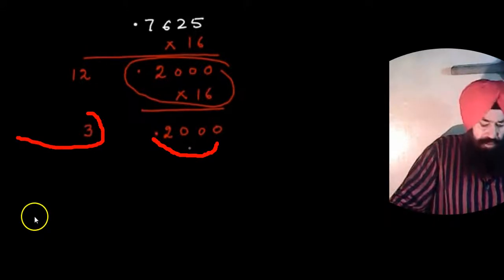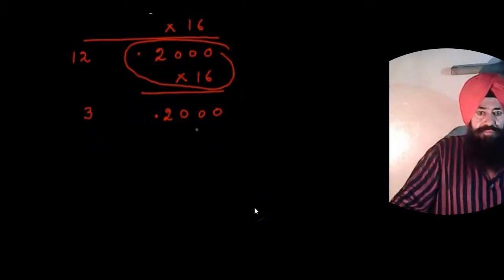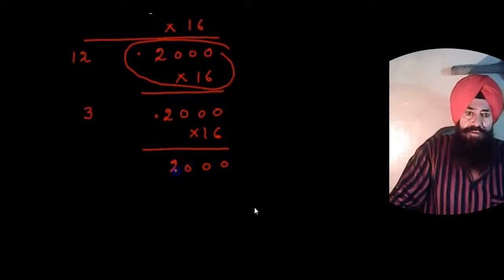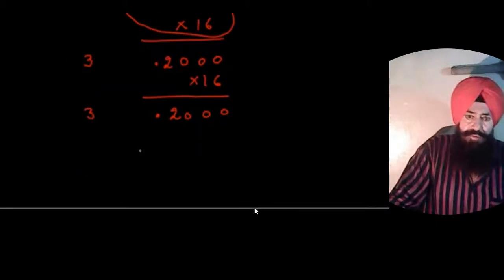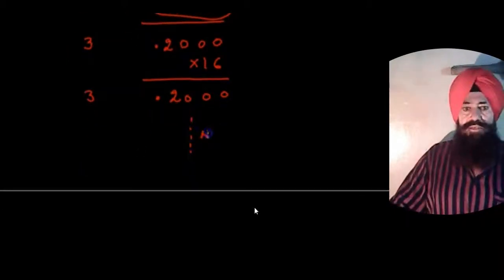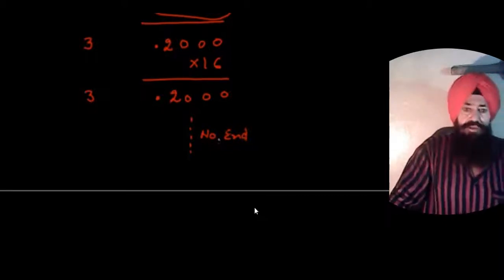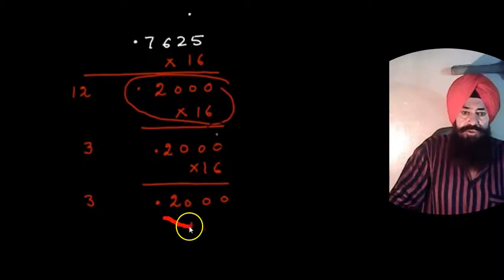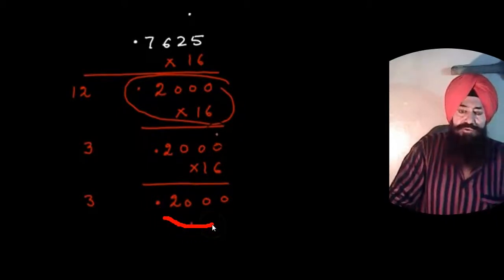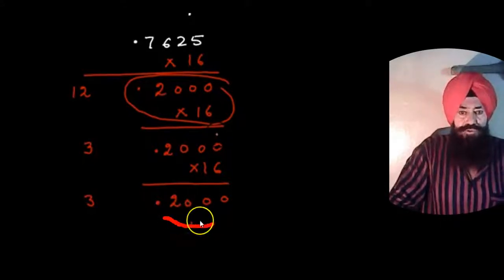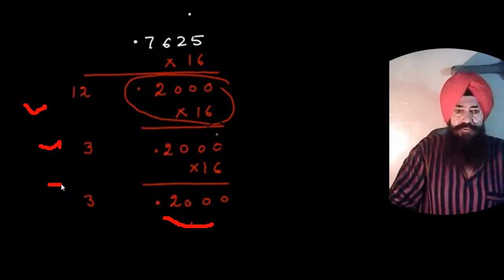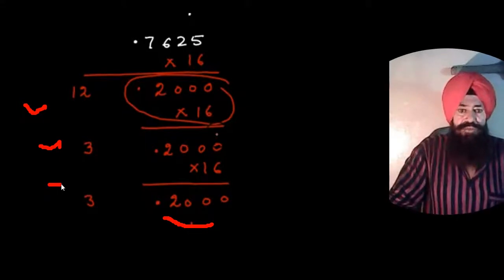Again multiplying by 16, and go on. There's no end. Otherwise the procedure is you go on multiplying till 000 comes. But if you don't have 000 at the end, you can stop the calculation after 4 or 5 or 6 places.